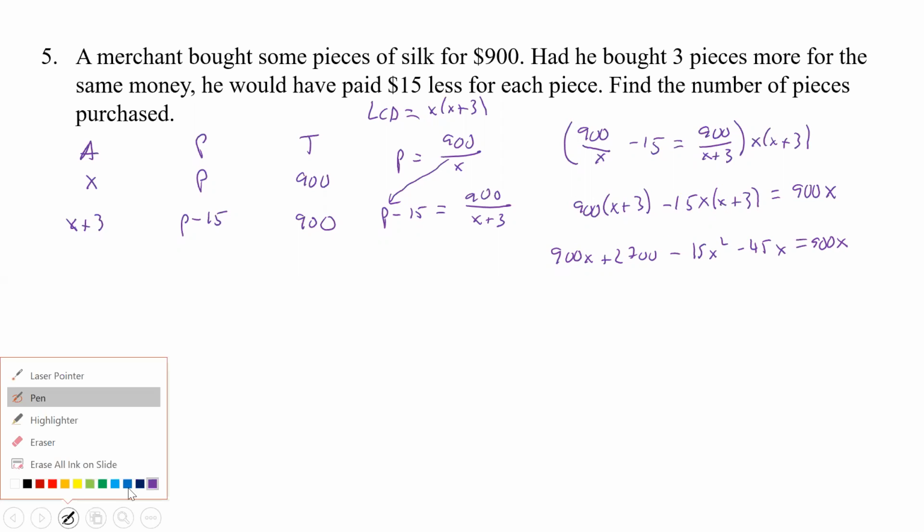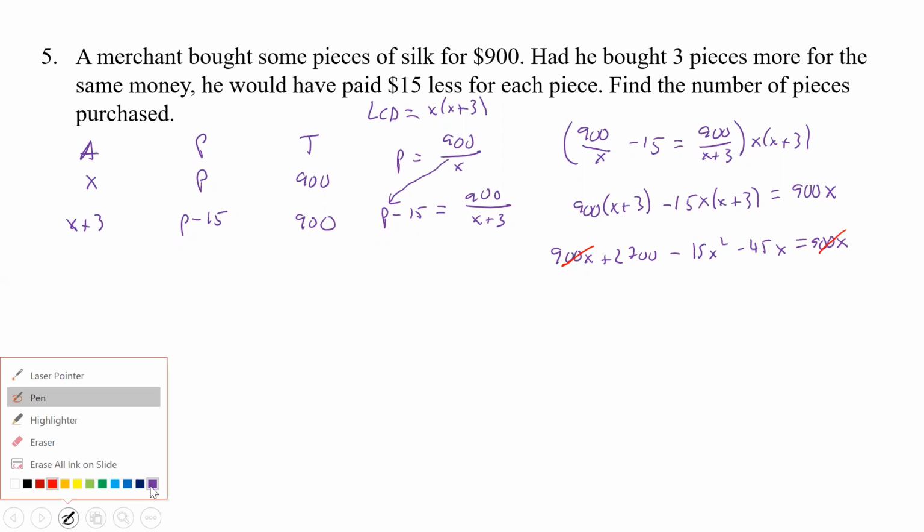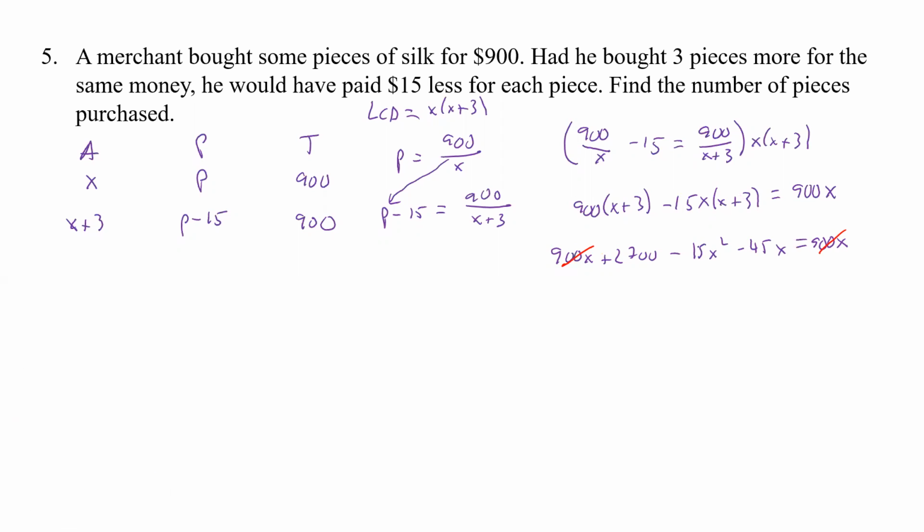And now because both sides have the same 900x, we just can cancel those out and we don't have to worry about saying we subtracted it on both sides. And now we can say, okay, well, that's a minus 15x squared minus 45x, and then plus 2700 equals 0. Now, 2700 is divisible by 15, so I'm going to multiply by a negative 1 over 15.